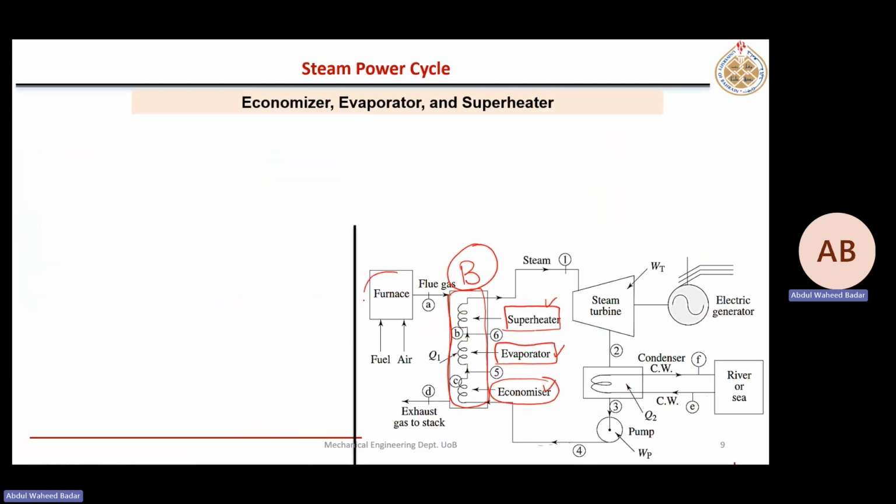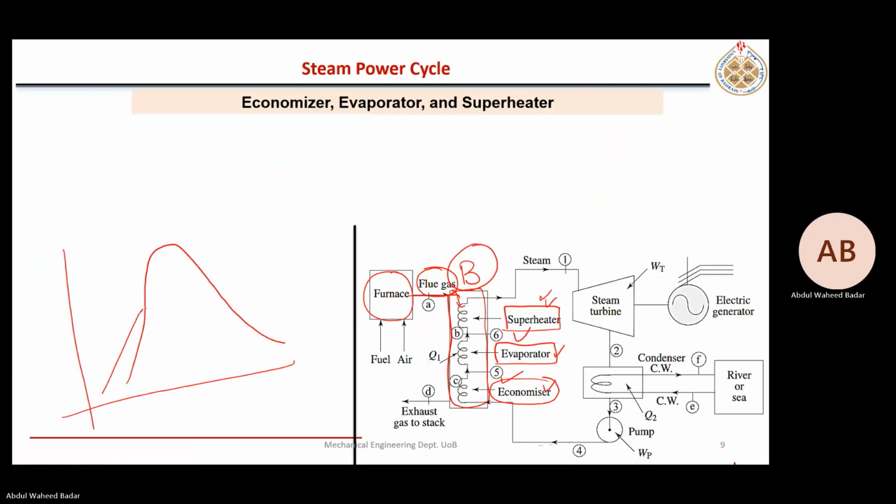So here you see furnace, flue gases. First they come in, because here the temperature is highest. So they come in contact first with the superheater, then the boiler, then the economizer. So that is the process. The area under this curve is representing the economizer. The area under this curve is representing the evaporator or boiler.